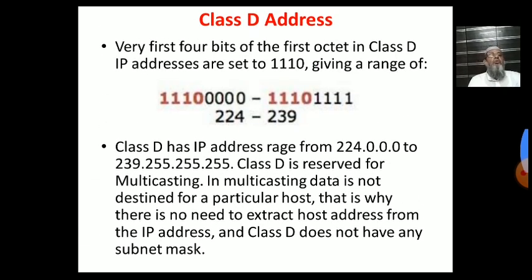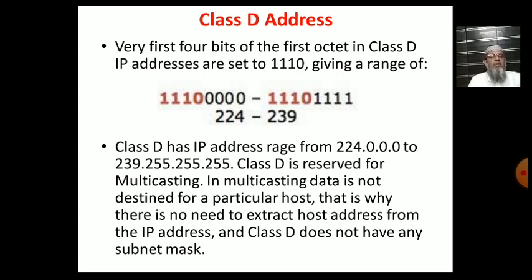Class D IP address, there is no subnet mask. Here the first octet will start with the bits 1110. So for the first octet, values from 224 to 239 give the class D IP address, and this is reserved for multicasting. Multicasting is where we want to communicate with a limited number of destinations.